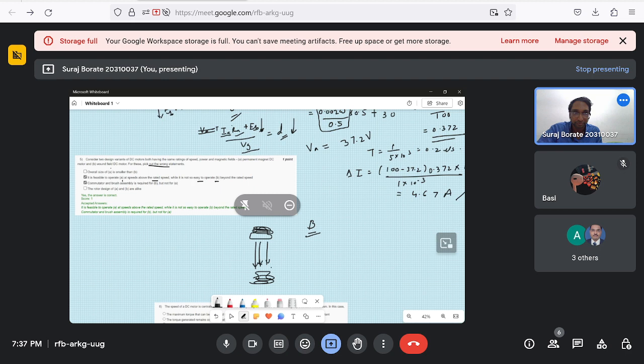In a DC-DC converter, if the switching frequency is decreased while maintaining the duty constant, what happens? We have T on upon total T equal to the duty ratio, so this is T on into F, since 1 by T is F. They say the switching frequency is decreased and the duty is constant.